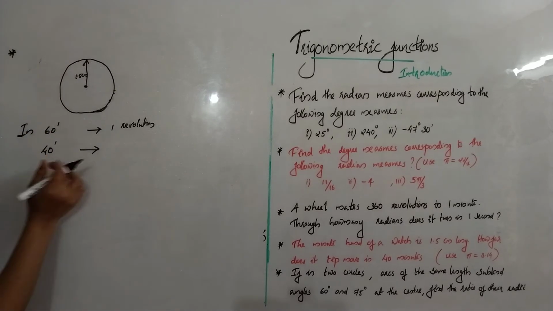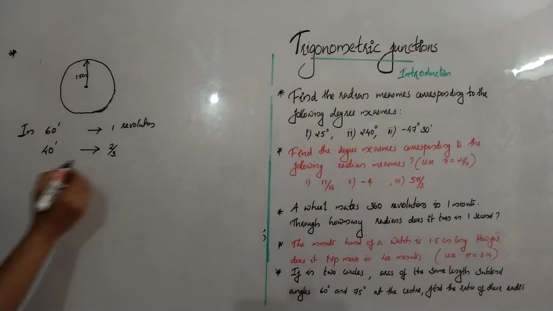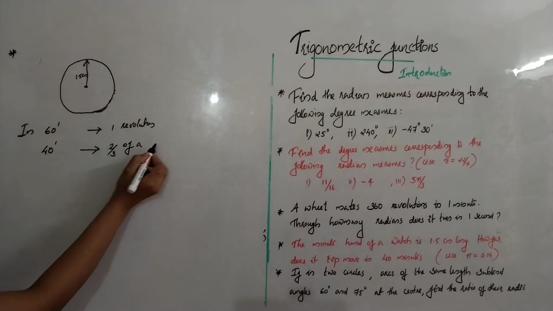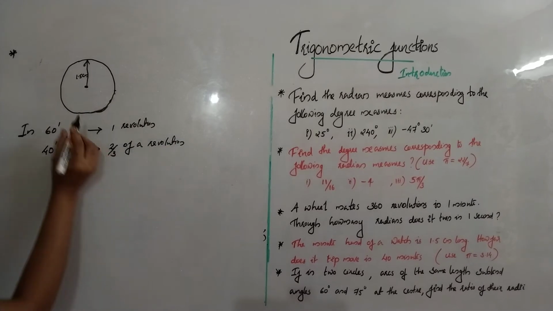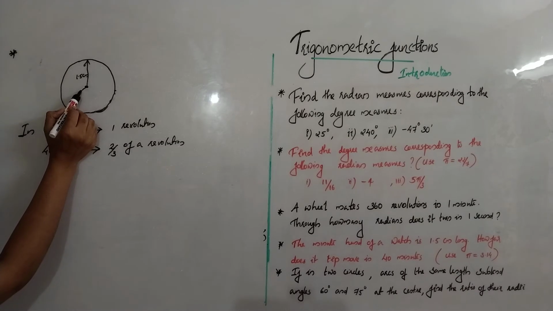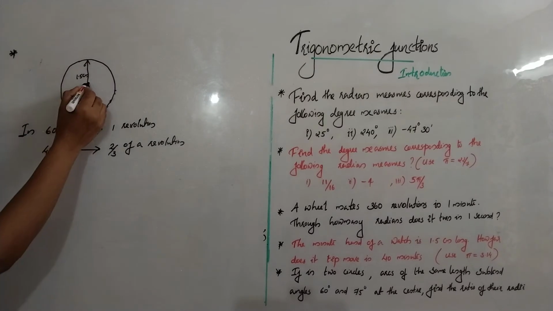So in 40 minutes it makes 2/3 of a revolution. So the final position of the minute hand is here. That is 2/3 of a revolution.